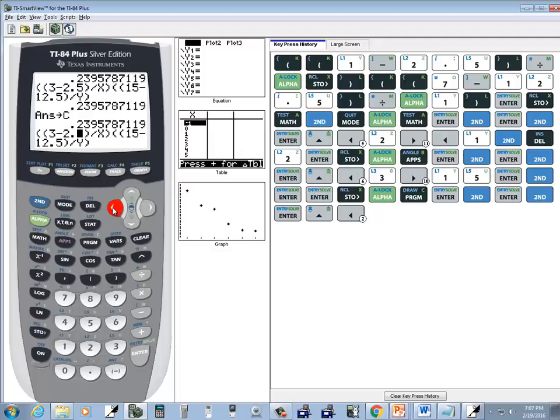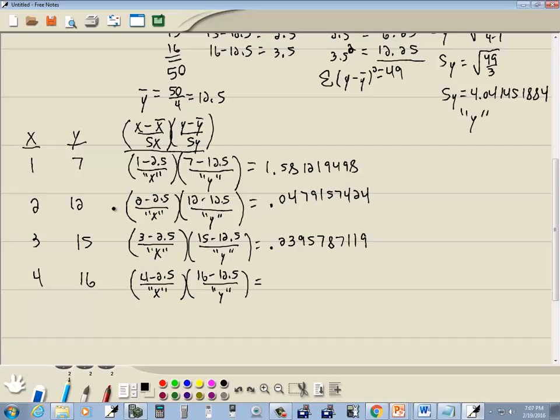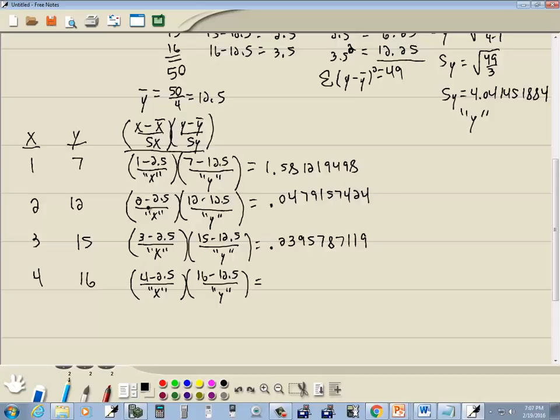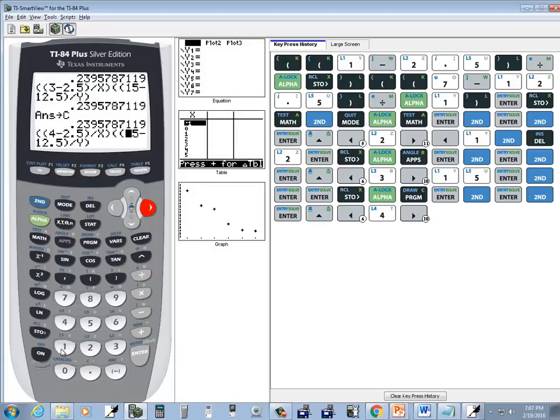And then go change these numbers. Last one I believe is a 4. Yeah, 4. And then I'll go change to 15, to 16. And press enter.